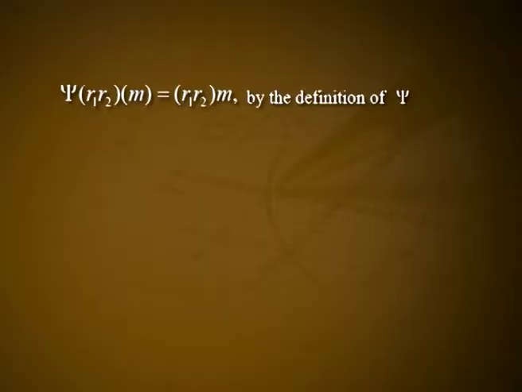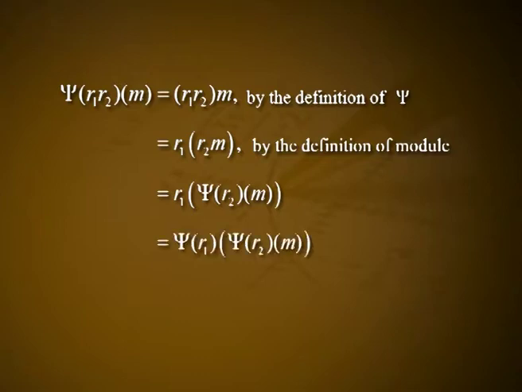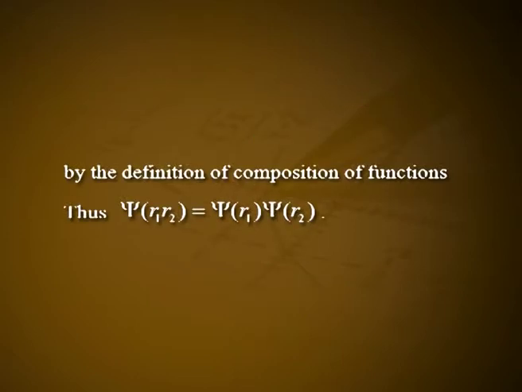Similarly, we have for m in M, psi(r1r2)(m) is equal to (r1r2)m by the definition of psi, which is equal to r1(r2m) by the definition of module, which is equal to r1(psi(r2)(m)), which is equal to psi(r1)(psi(r2)(m)), which is equal to (psi(r1) composition psi(r2))(m) by the definition of composition of functions.